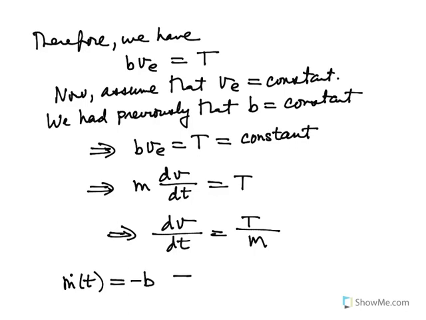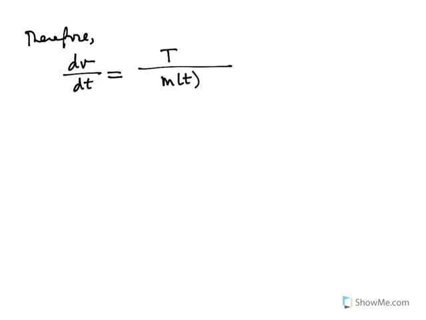And since b is constant, we get that m of t is equal to m of t0 minus b times (t minus t0). So what we then get is as follows, that dv/dt is equal to T all divided by m of t, which is equal to T all divided by m of t0 minus b times (t minus t0).